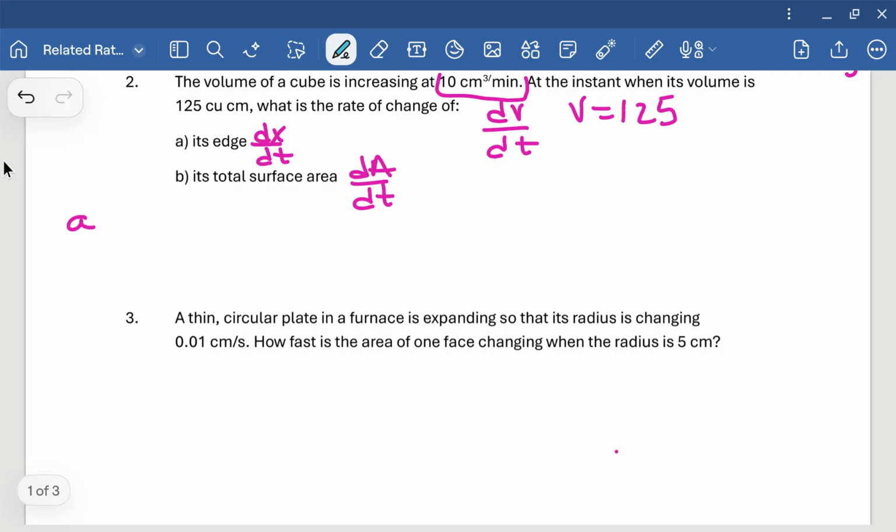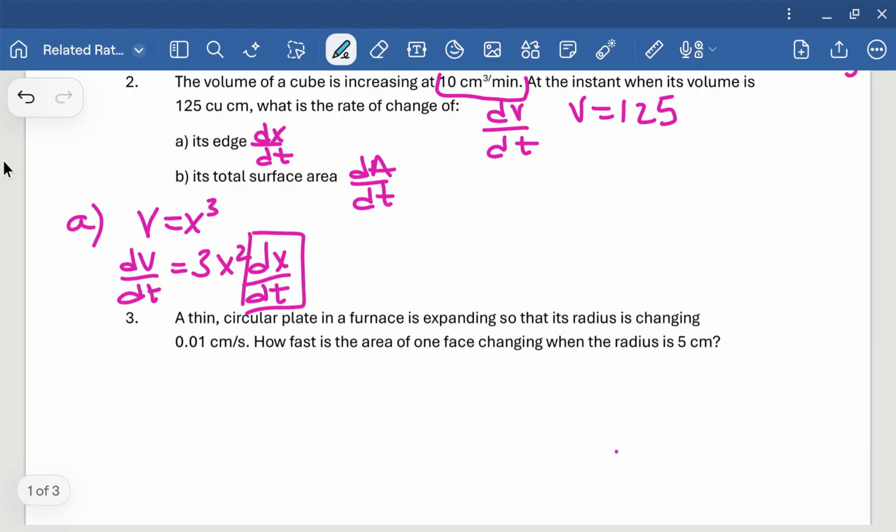So looking at that first one, because we have that volume, we have that same formula, V equals x cubed. Then we're going to take the derivative, so dV over dt equals 3x squared dx over dt. So in this case, we want to solve for the dx over dt.